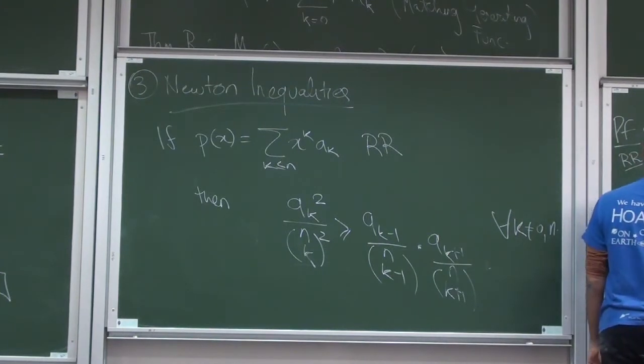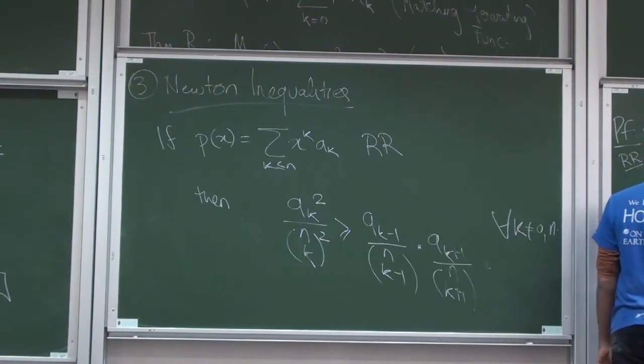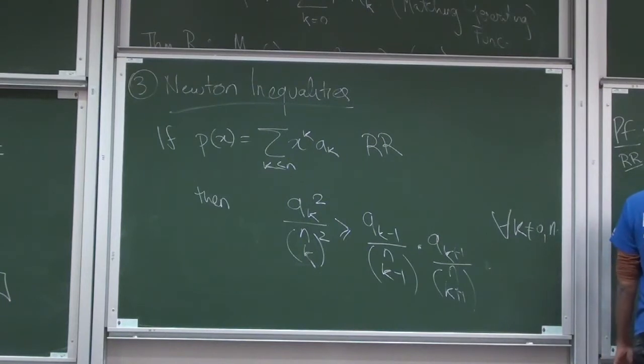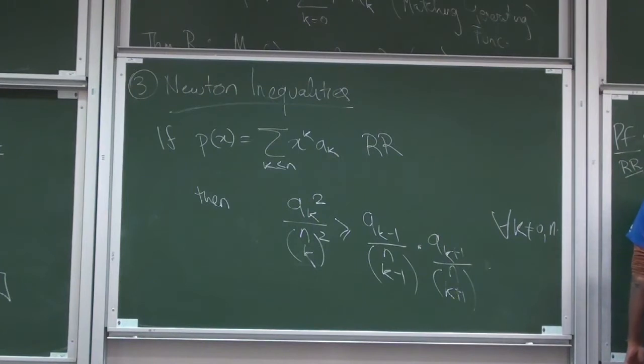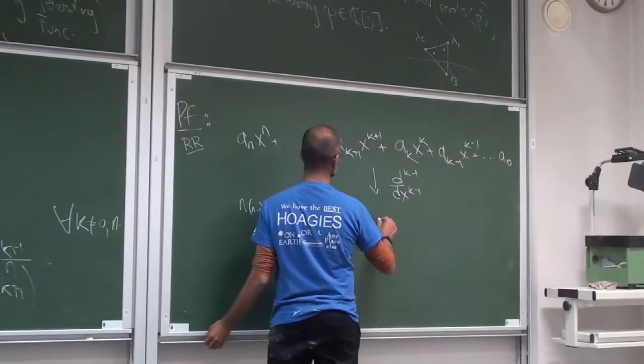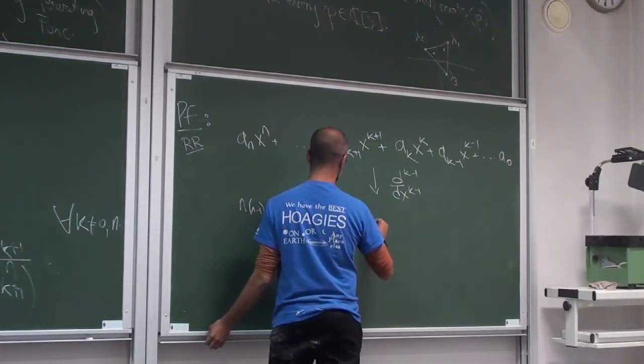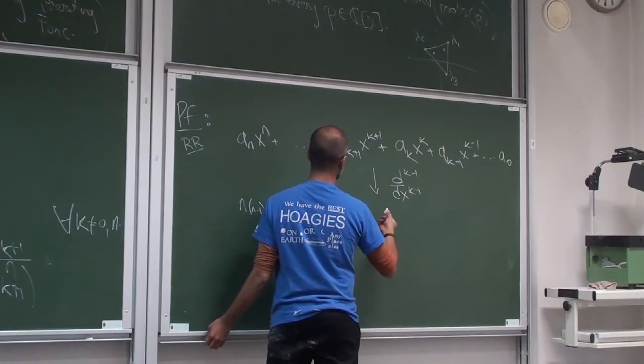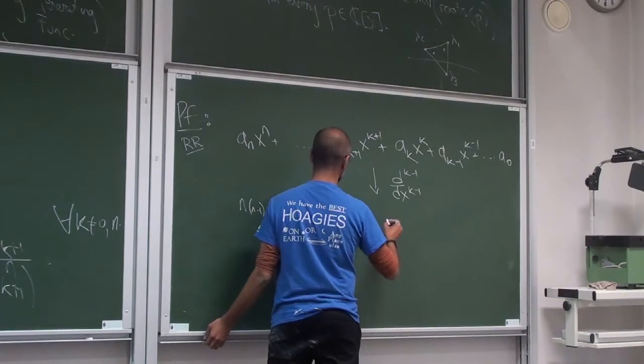You're going to have n times n minus 1, and you do this k minus 1 times, down to n minus k plus 1, times a_n x to the n minus k plus 1. Then I'll get some stuff. Here again you get some binomial coefficient that I don't want to write.